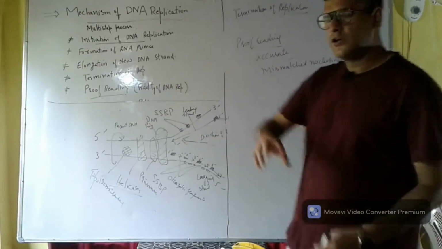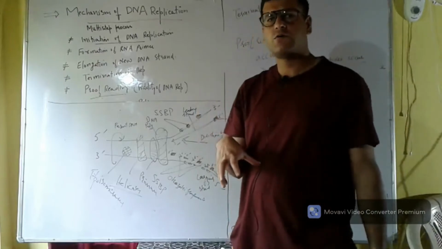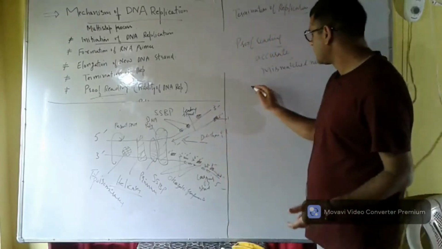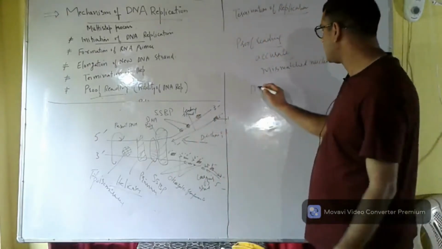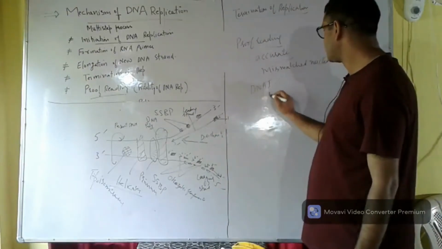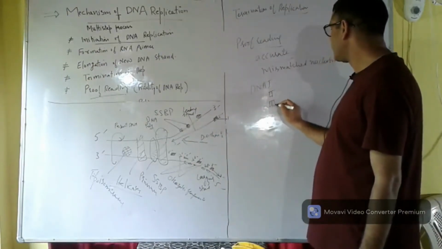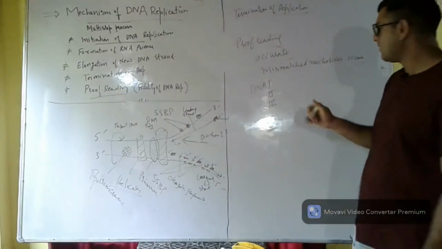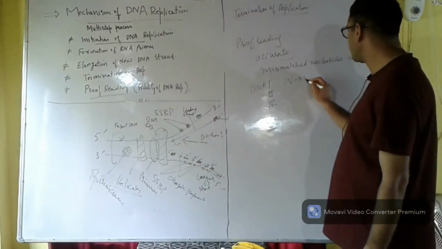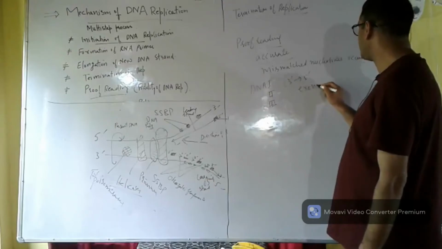In order to remove these mismatched nucleotides, all the DNA polymerases, DNA polymerase I, II and III, have in prokaryotes an inbuilt 3' to 5' exonuclease activity.